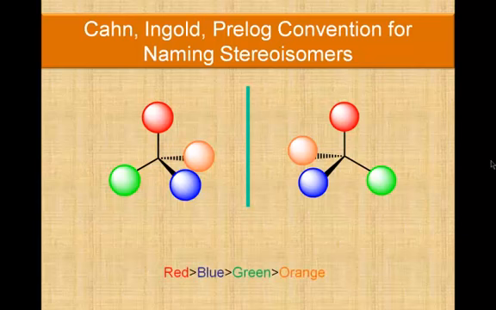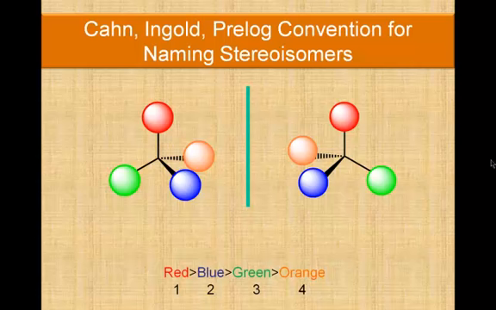The first thing that we're going to do is assign priorities to the 4 groups that are attached to the tetrahedral carbon. And just for the sake of demonstration, let's say that red has the highest priority, followed by blue, green, and orange. So I'm going to give them numbers. The highest priority, I give the lowest number, which is red, number 1, the lowest priority group, number 4.